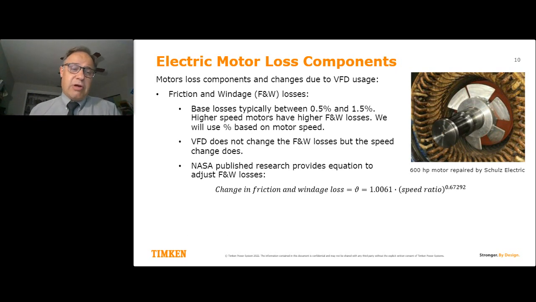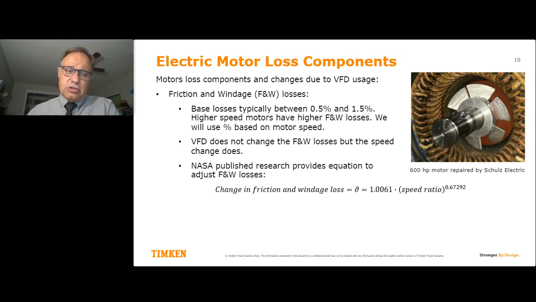The next losses we want to look at are friction and windage, which is mostly because of the fan. Obviously, there are some losses in the bearings because of friction, but we find that it's a very low loss component. And from historical manufacturing of machines, we know that these friction and windage losses are typically between 0.5% and 1.5%.